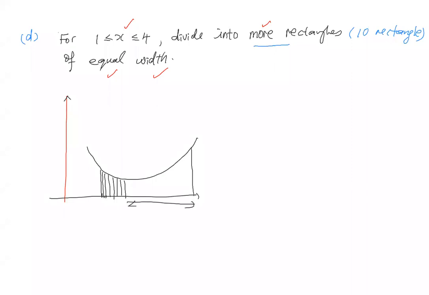That's why equal width is very important. If you didn't say equal width, people can divide in any way they like. That's why when you learn maths, you have to be very specific, exactly what you must do.